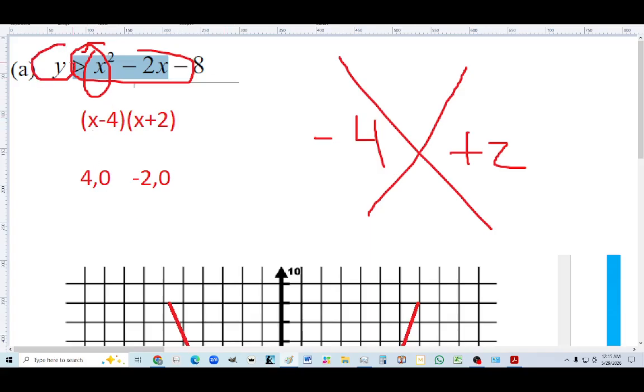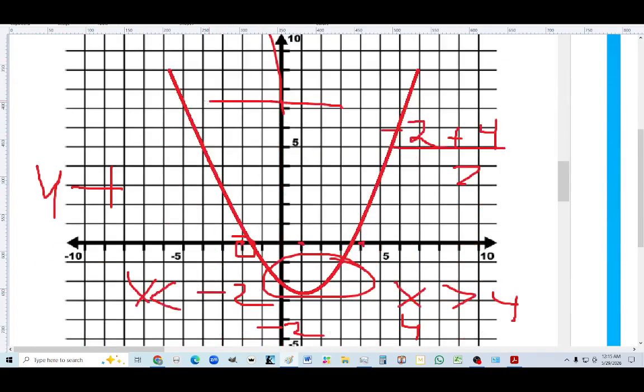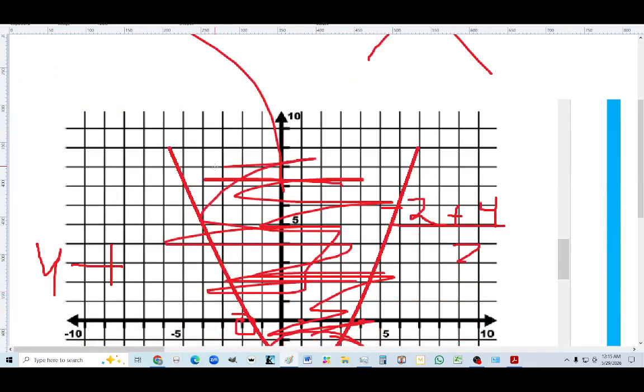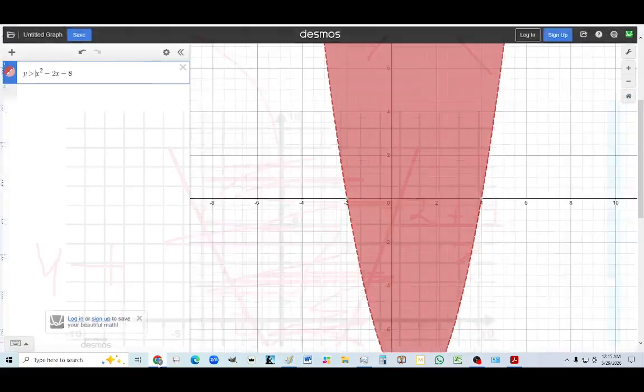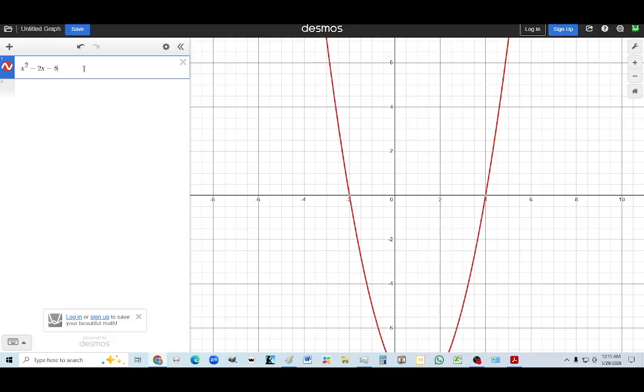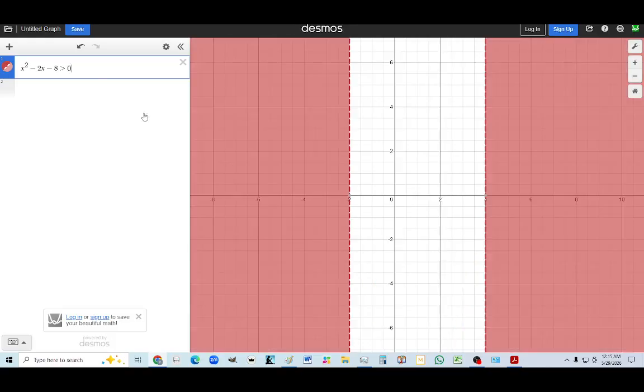This is asking when is y above this line? Not line, but quadratic. And that's that. But if I was asking when is this bigger than 0, it tells me to the left of -2 and to the right of 4.